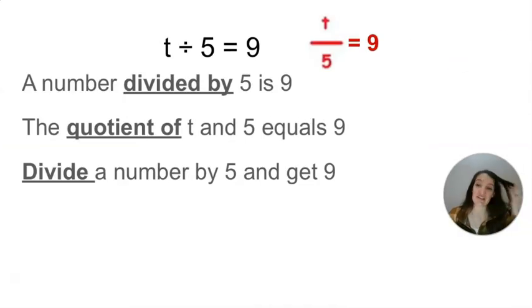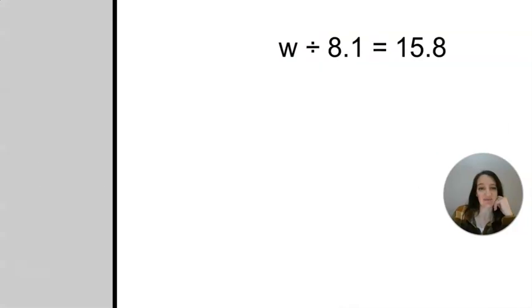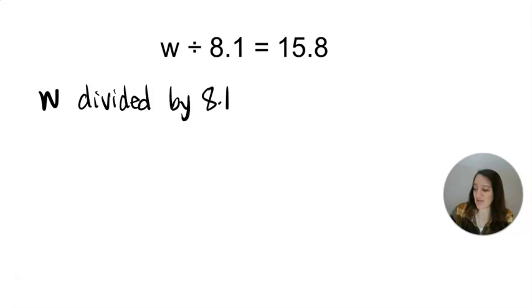If we have division, we could just say a number, or t, divided by 5 is 9, or equals 9, right? If we want to use a math word, we could say quotient. And we're going to make sure we put the t first, the quotient of t and 5 equals 9. Or you could say divide a number by 5 and get 9. Okay, so what are your options for this one? You could say w divided by 8.1 is 15.8.